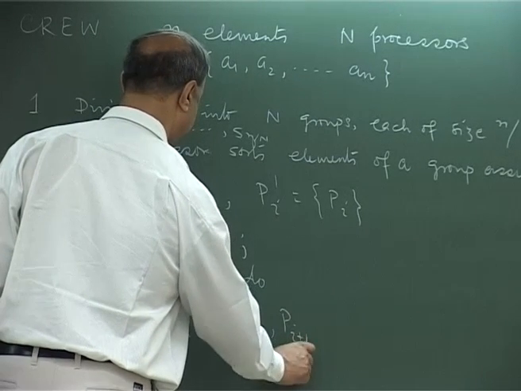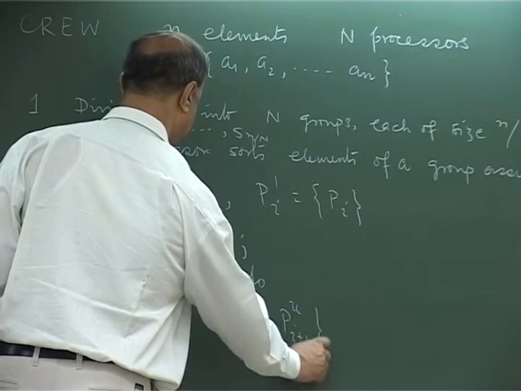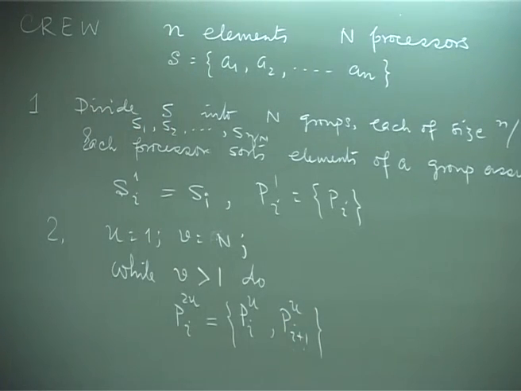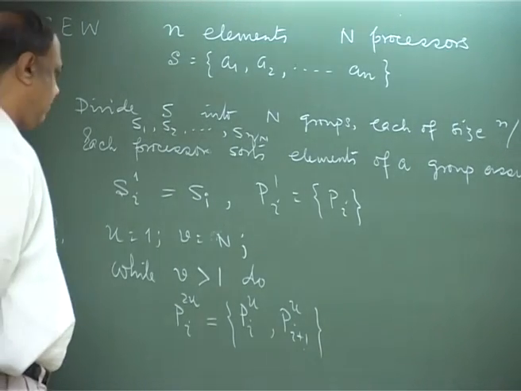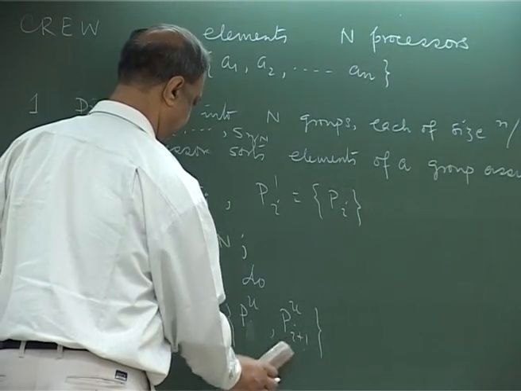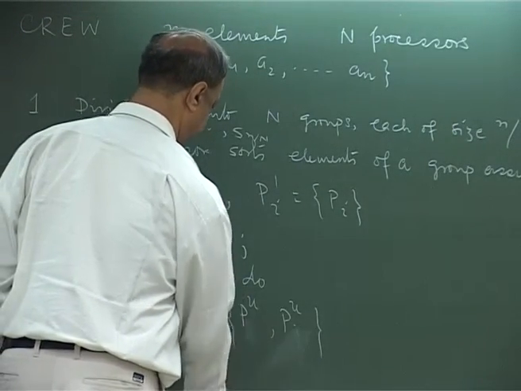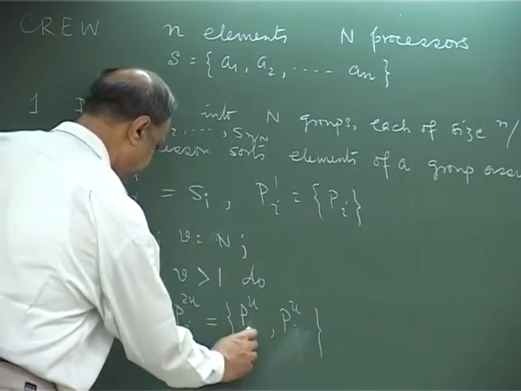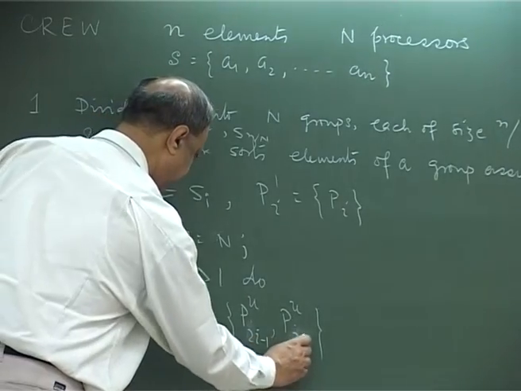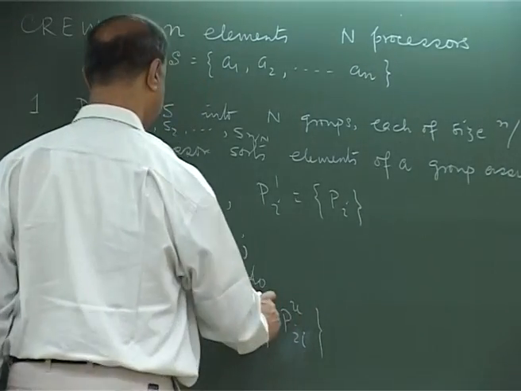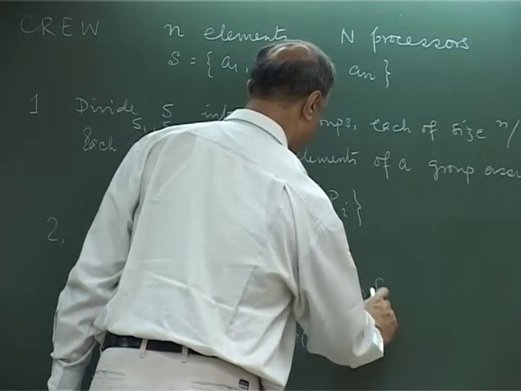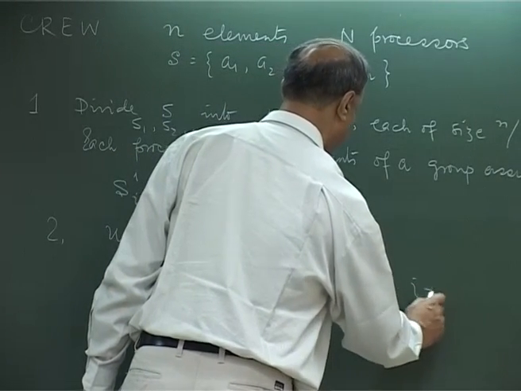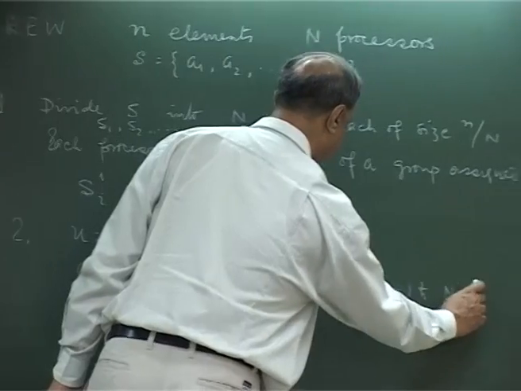I don't know whether I am writing correctly or not. No, it should be 2i and 2i minus 1 processors. Here you have to write for i equals 1 to n, do in parallel.